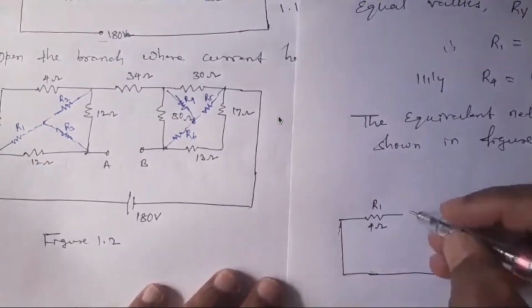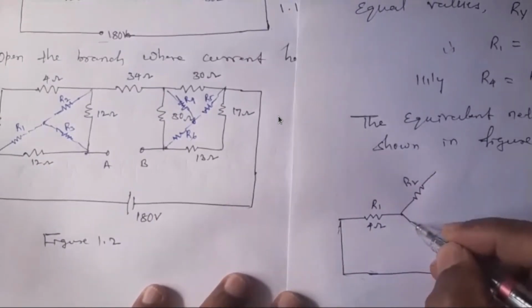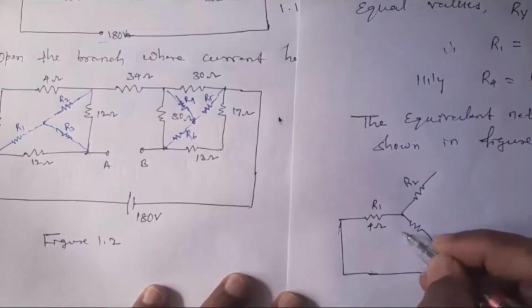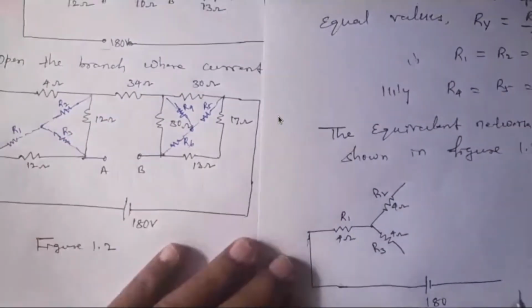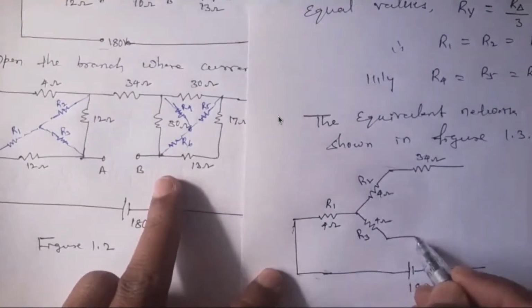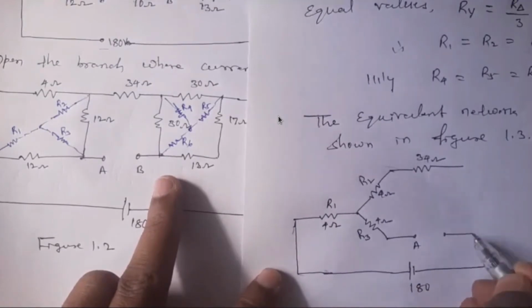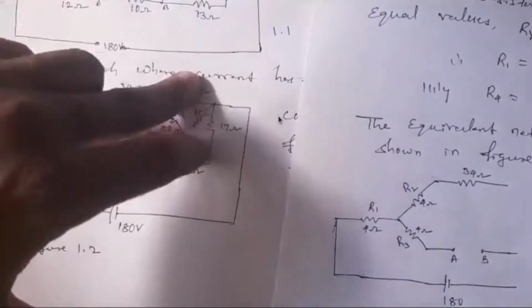Two more resistances are there, one is R2 here and another one is R3 here, 4 ohms each. And here you have 34 ohm, and this is point A and here you have point B.